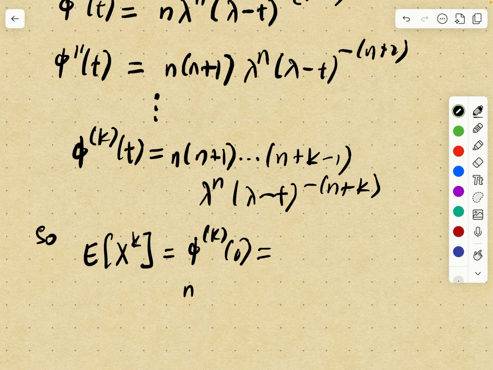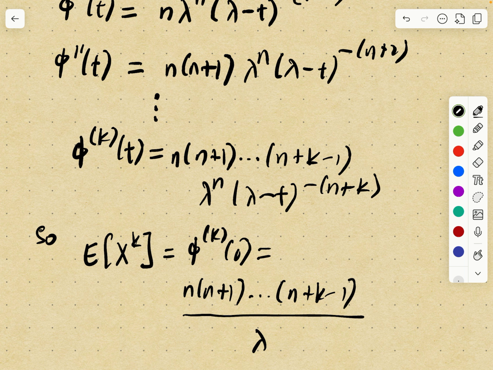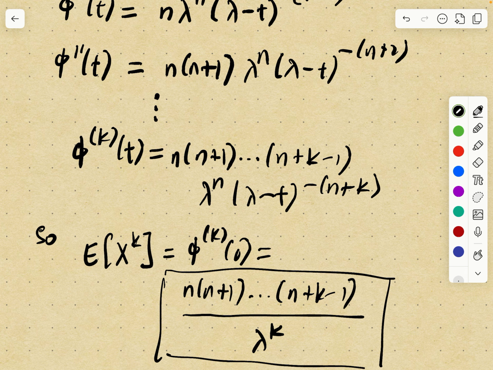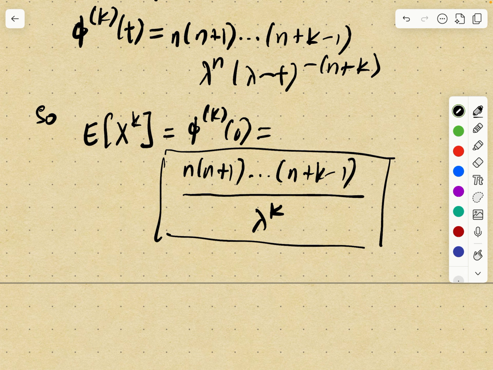You get n times (n plus 1) all the way to (n plus k minus 1), times lambda to the n, times lambda to the negative (n plus k). That leaves you with lambda to the minus k power on the denominator. So this is the kth moment of the gamma density function.